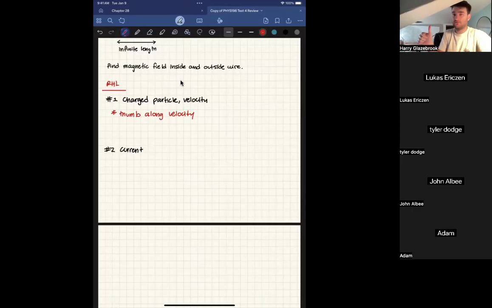Your thumb goes along velocity, wherever it is. Then the magnetic field is going to be my index finger. So I'm just going to make a gun, thumb along the velocity, and my pointer finger is now pointing in the direction of the magnetic field. So thumb velocity, pointer finger is the direction of the magnetic field.